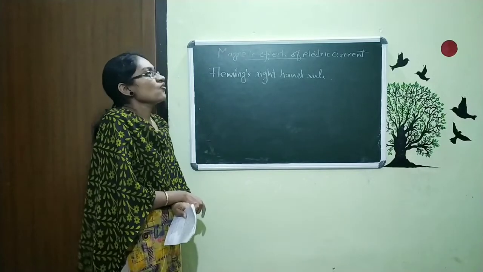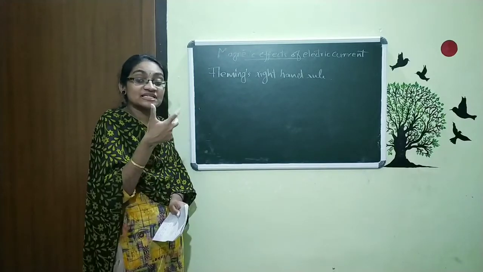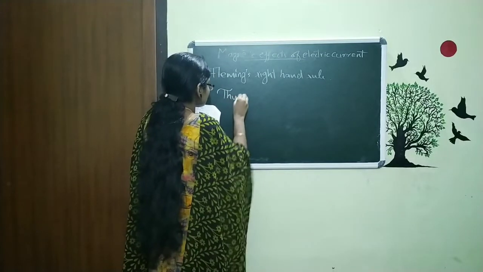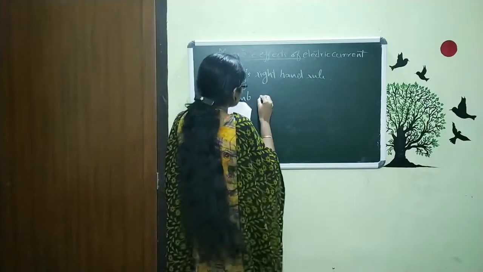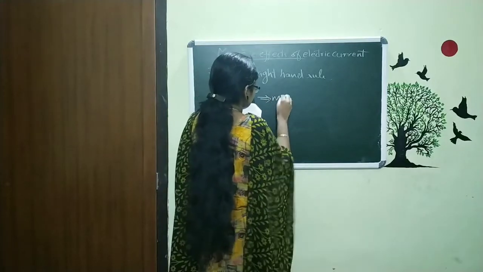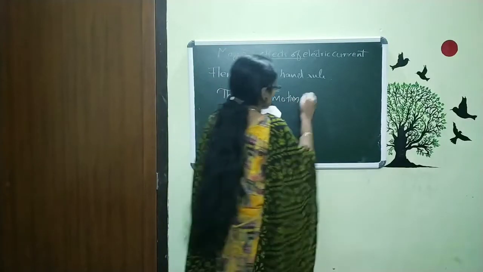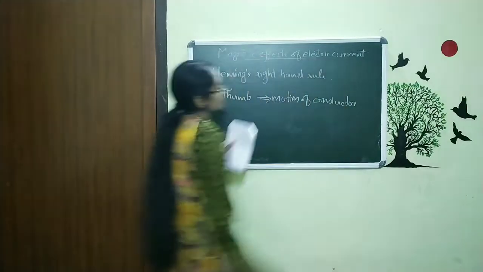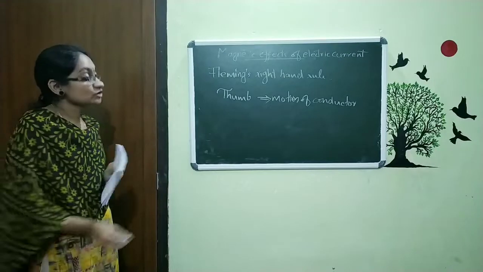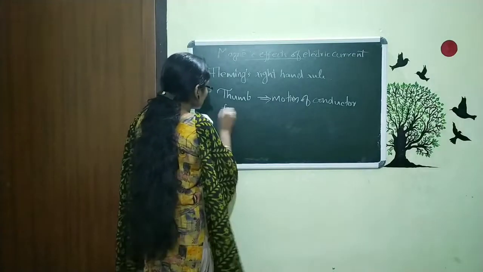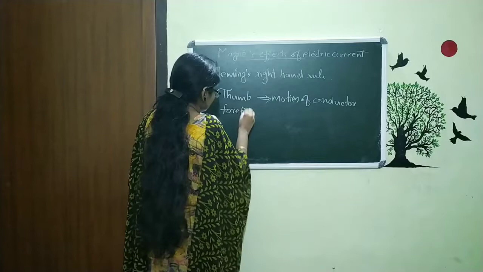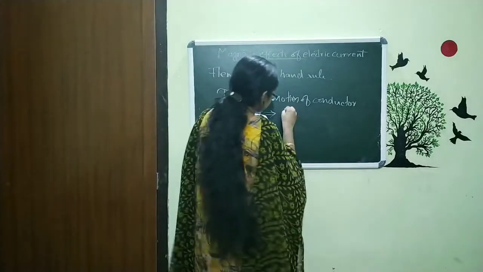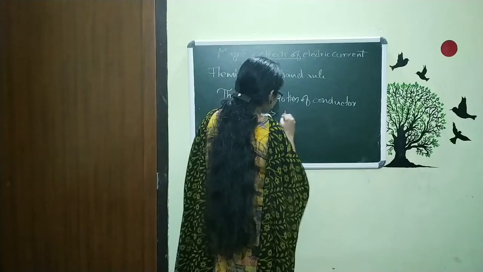Now the question is, what does each finger represent? The thumb represents the motion of conductor. Thumb indicates the motion of conductor, and the forefinger represents the direction of magnetic field.